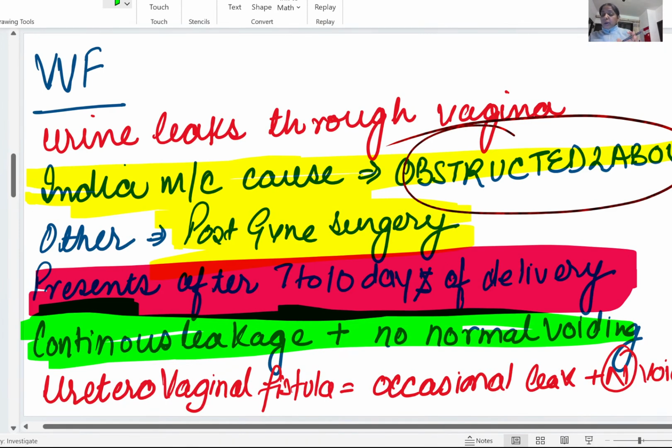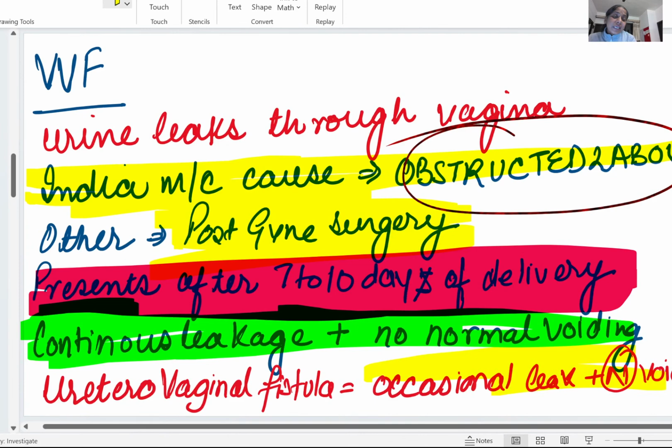If the patient says there is occasional leaking and normal voiding, then it is ureterovaginal fistula.